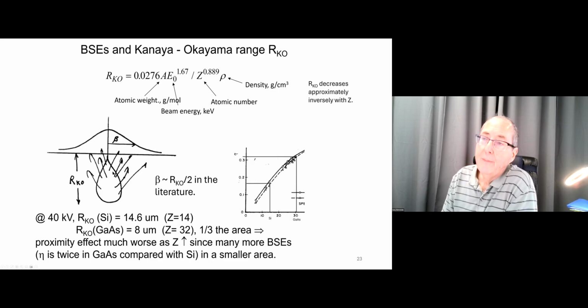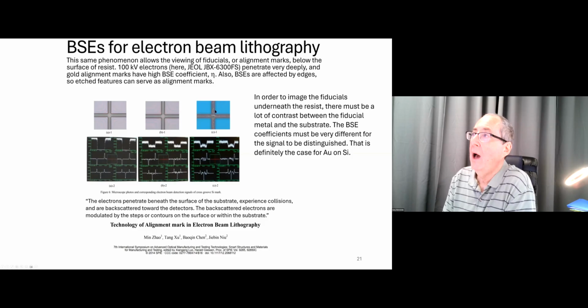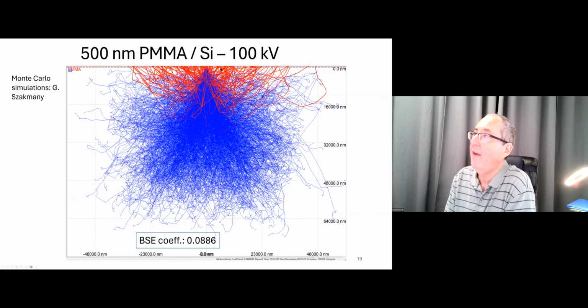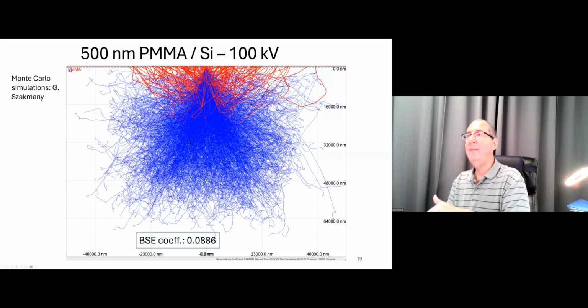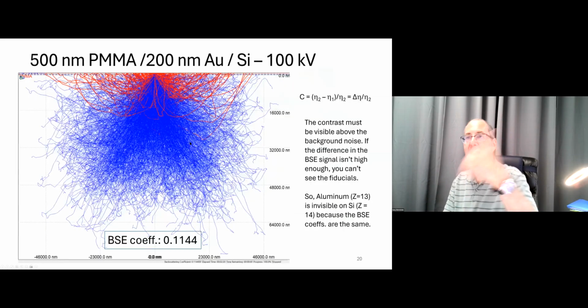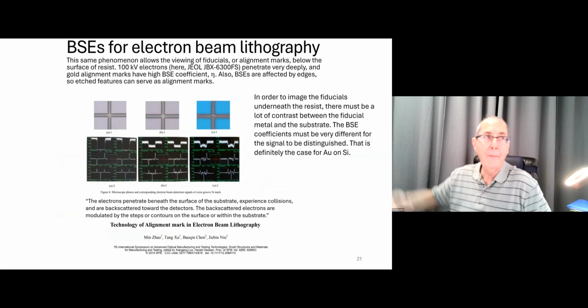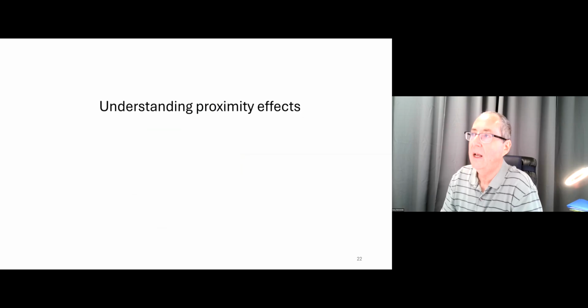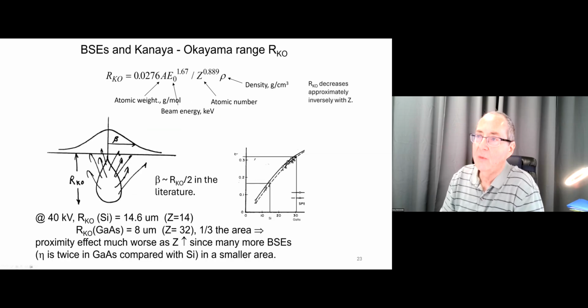Now, those backscattered electrons come back up from the top surface and go out a distance about 1/2 R_KO on each side. So the communication of the electron beam is really large because this is 23 microns right here. There are a lot of backscattered electrons from near the beam that go a long way away and can expose other patterns from the bottom side coming out, as opposed to your beam, which is exposing it from the top side going down. And that's what this represents.